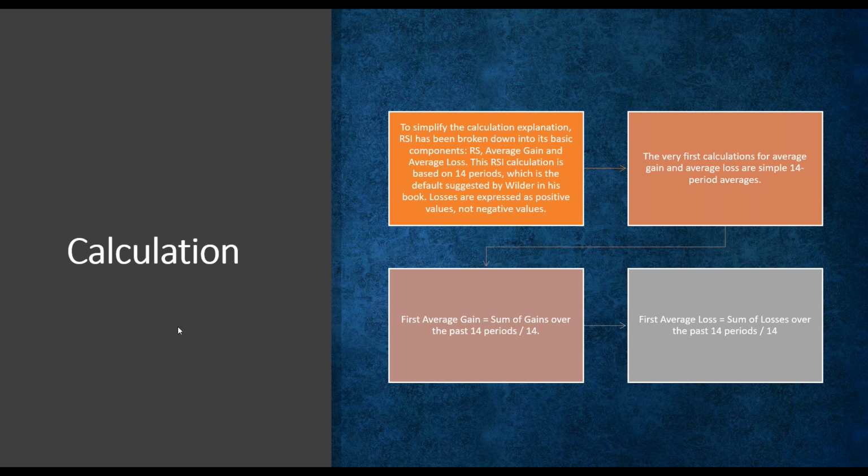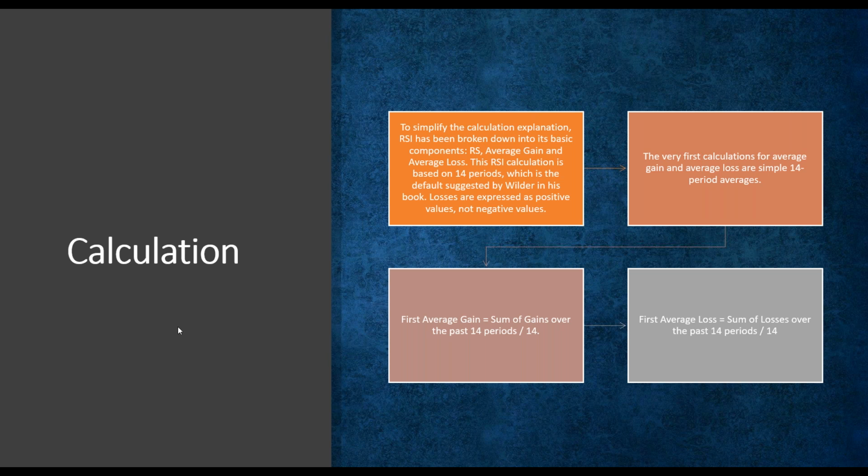Okay, no different. The first average gain is equal to the sum of the gains over the past 14 periods. So you're only adding together the days or the periods that the asset moved higher, and you're averaging the gains together and then dividing by 14.